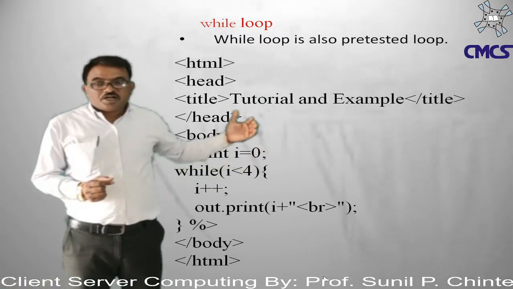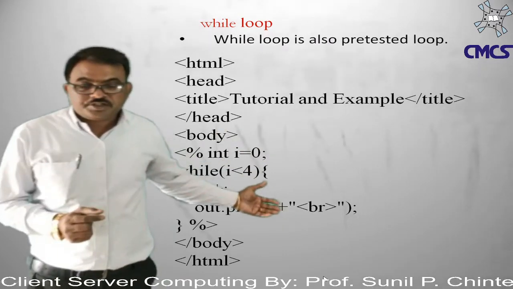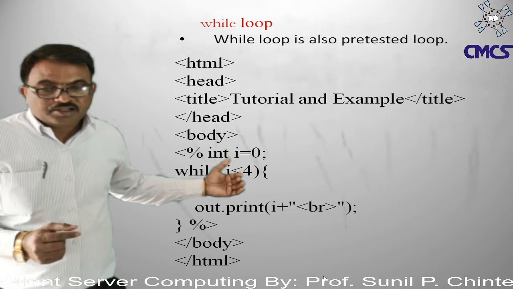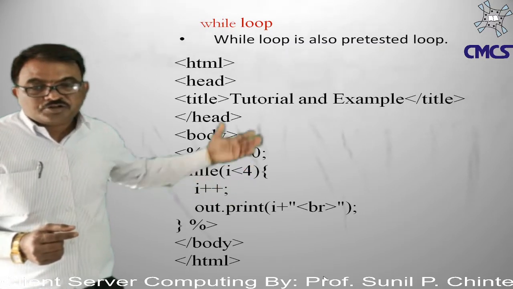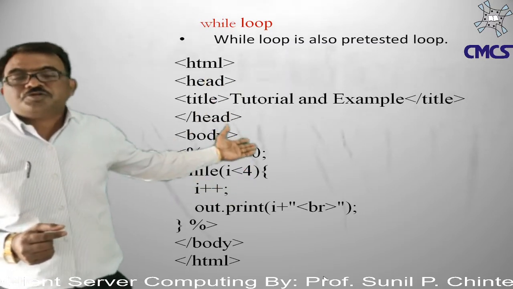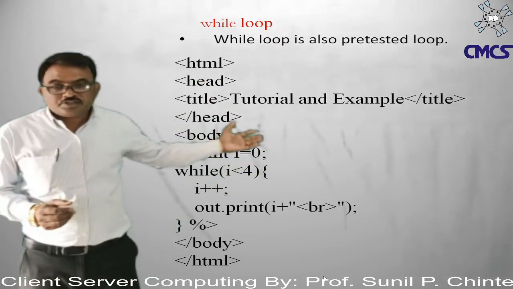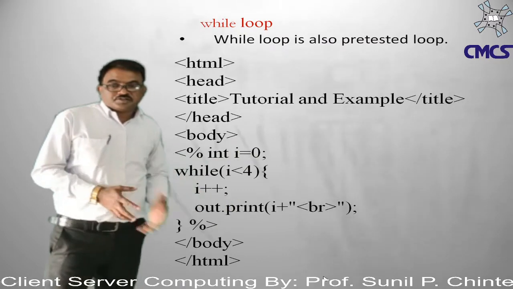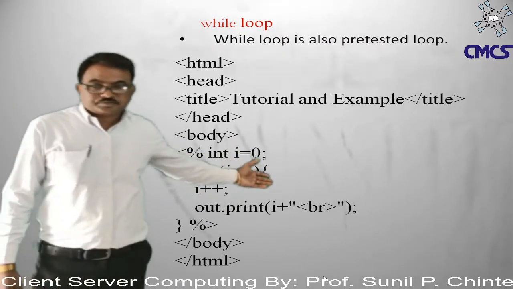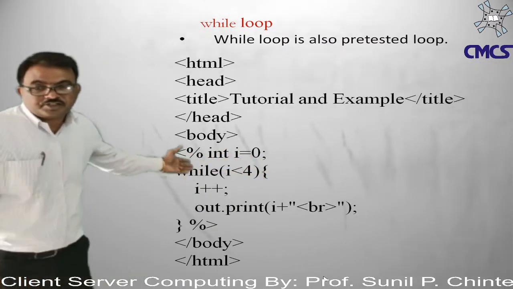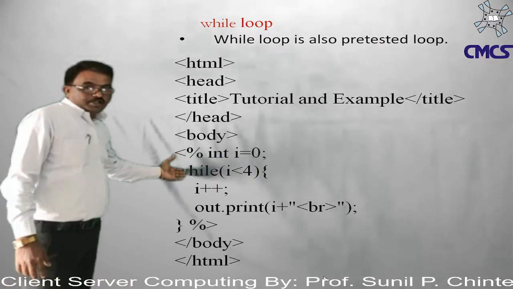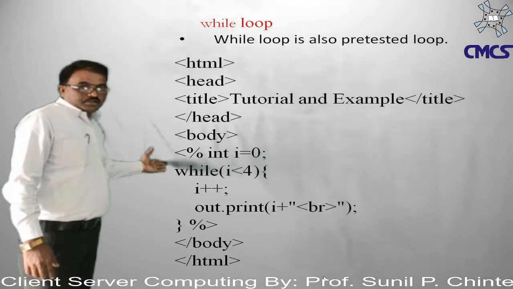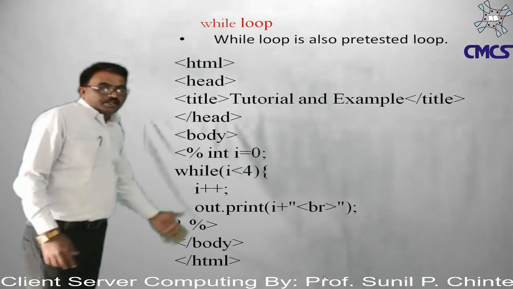So here I also want to print the value of i from 0 to less than 4. Okay, for that purpose I have written this logic. I have mentioned the test expression here. You can find with the while, i less than 4.